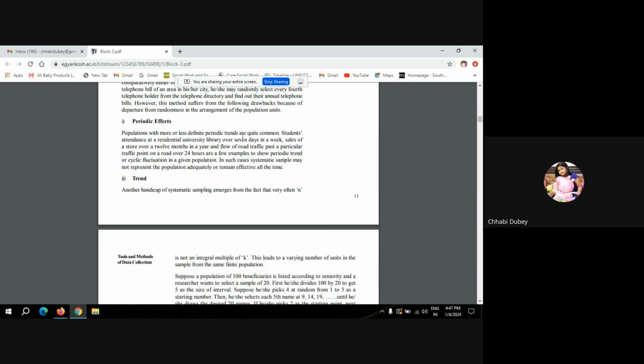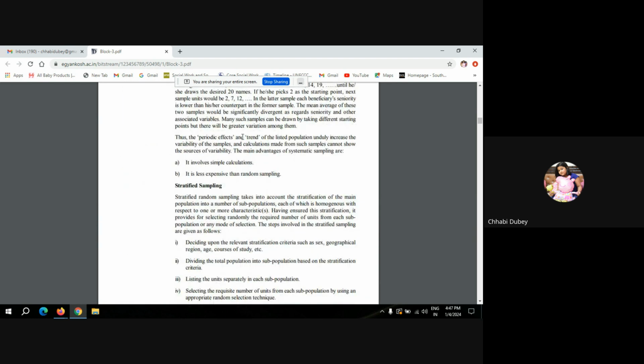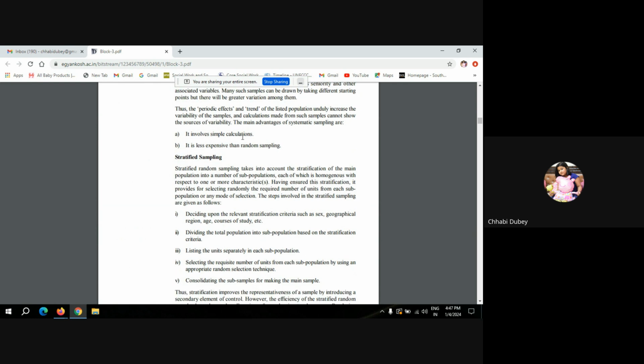Then we come to the concept of stratified sampling. Stratified sampling is again random sampling which takes into account the stratification of the main population into a number of subpopulations. So we will divide the whole population into subpopulations which will have some homogeneous characteristics. And after that, we are going to decide upon the relevant stratification criteria.